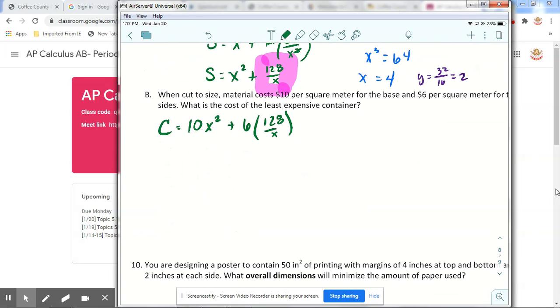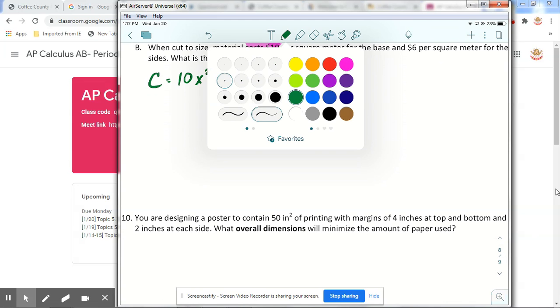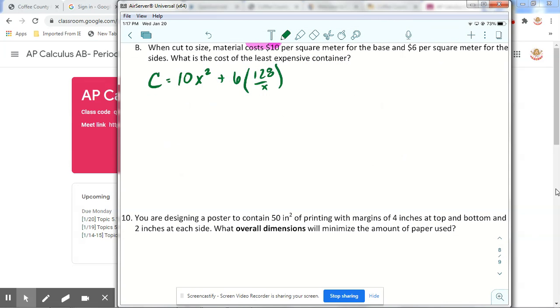Now, because this is already down to just x's, I can go ahead and find my derivative. Oh, well, that's fine. That's going to be 20x, right? And then if you multiply 6 times 128, that simplifies down to 768x.